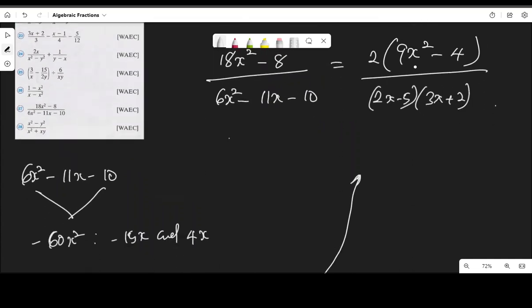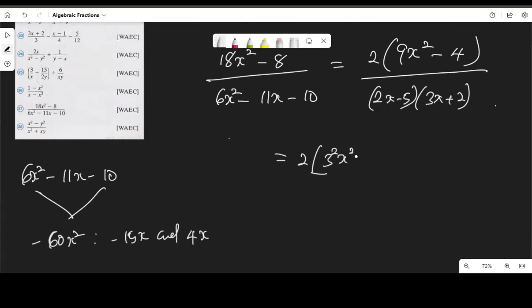Now factorizing the expression up there, we have 2 multiplied by, this is a perfect square, so 9 can be written as 3 squared, then s squared, minus 4 can be written as 2 squared, all over 2s minus 5 and 3s plus 2.